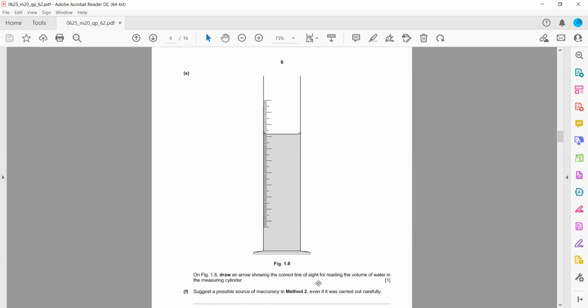You can use screen annotation just to mark the position where we should draw an arrow showing the correct line of sight for reading, like where we should place our eye so that we can read it accurately. Yeah, that's right. And you should not draw on the other side. Why should you not draw there? If you draw on the other side, you will not score the mark. Why? Because on the other side there is no marking. The marking is on this side, so you should draw the arrow from this side.